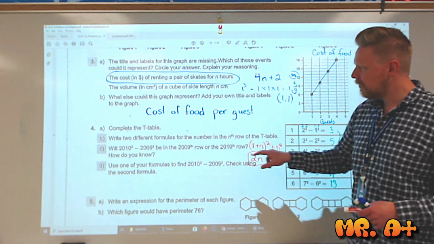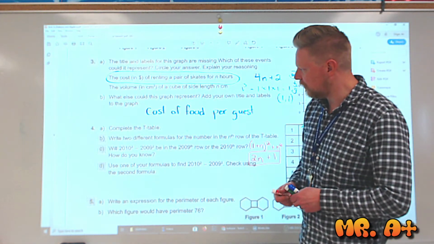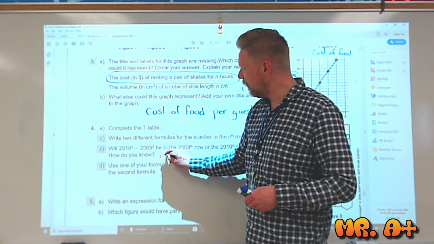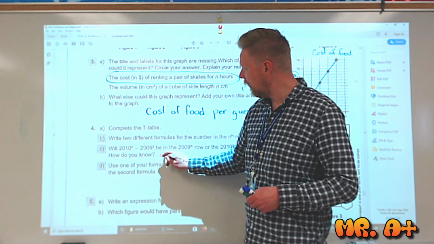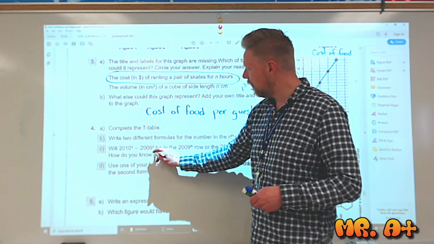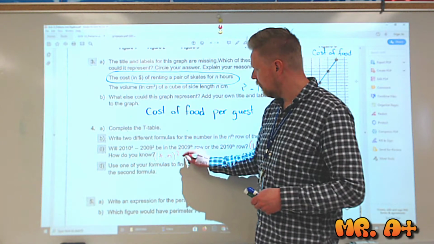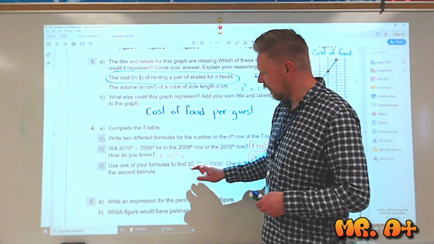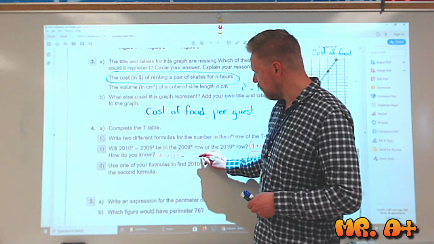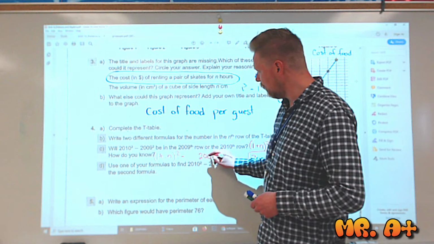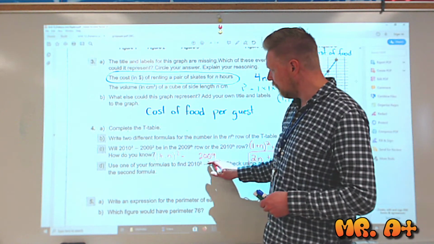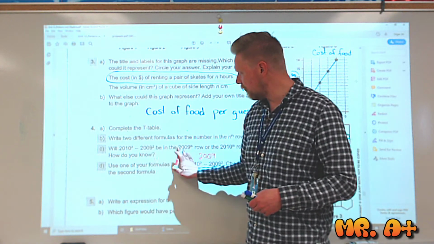So if I want 2010, that's equal to 1 plus n. That's 2010. So in this case, I know that it's going to be in the 2009th row, because 2009 plus 1 is 2010.